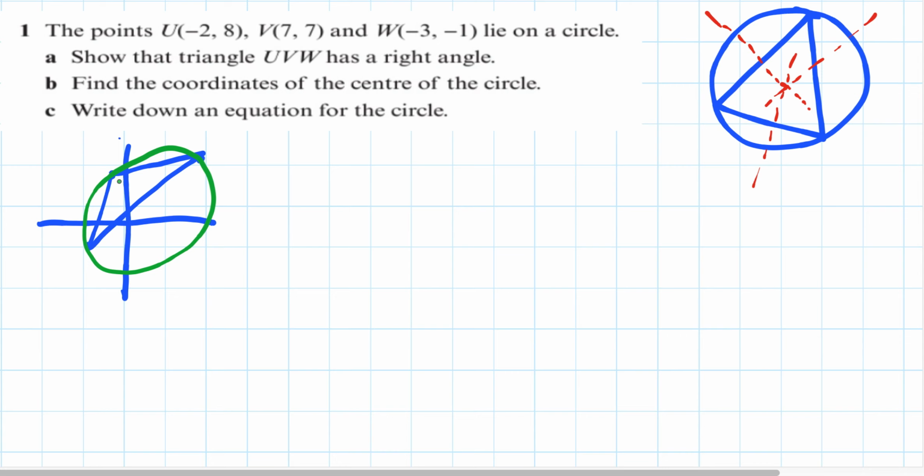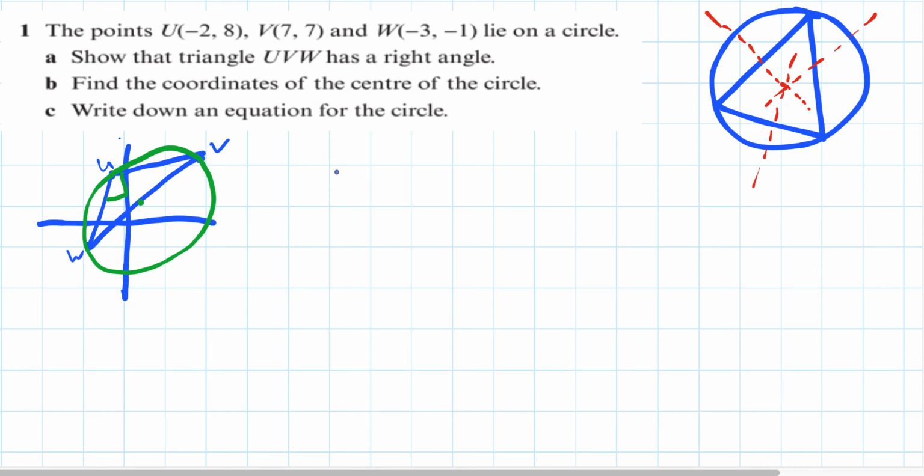So we know from GCSE a right angle triangle, so this is the diameter. So that's the center of the circle and that's the diameter. So to prove that it's a right angle triangle, we're just going to find the length from U to W, U to V, and then V and W, and hopefully it should fit Pythagoras.